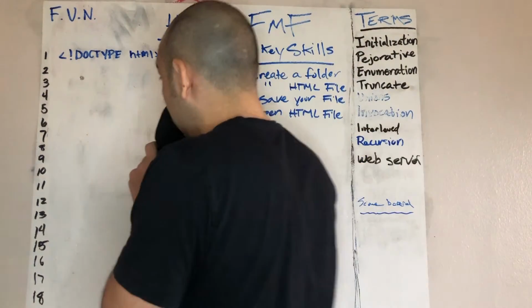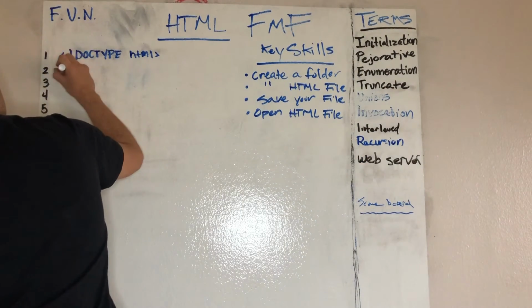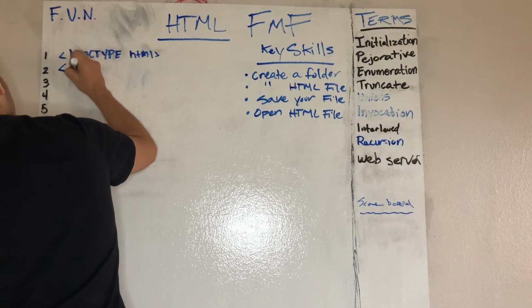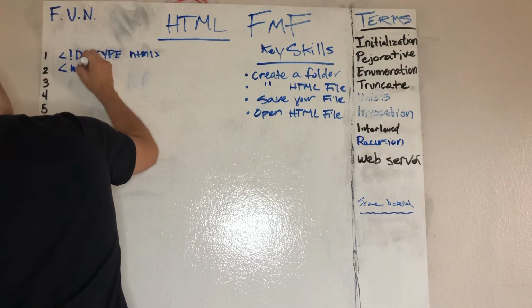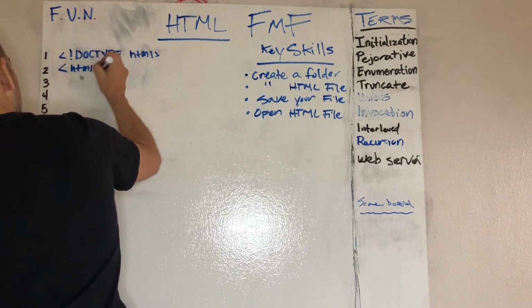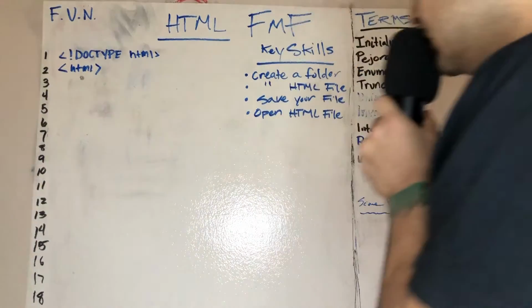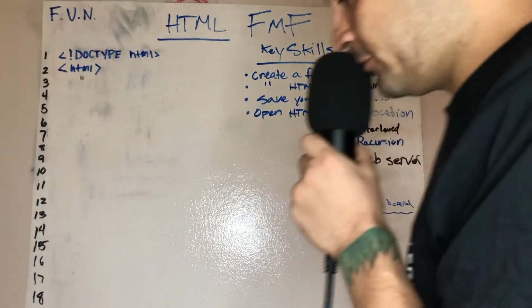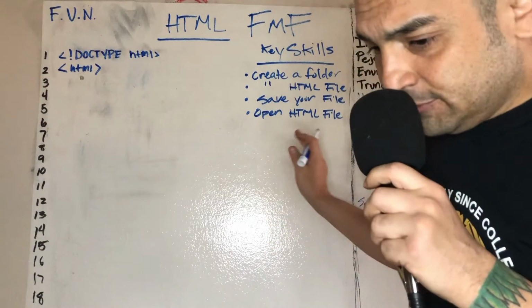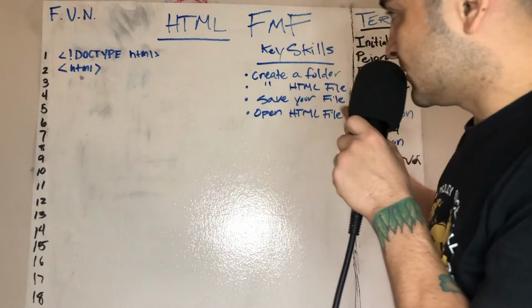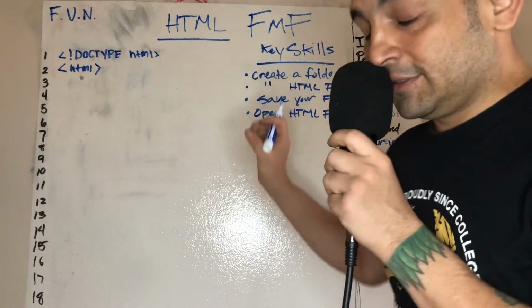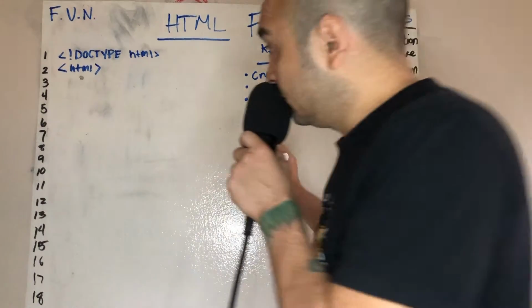The next thing you need to do is the HTML tag. Now when we're doing tags, it's going to be a little different for me here on the whiteboard versus you on your computer. The slight difference is the ability to erase and rewrite; you can do it a little faster.